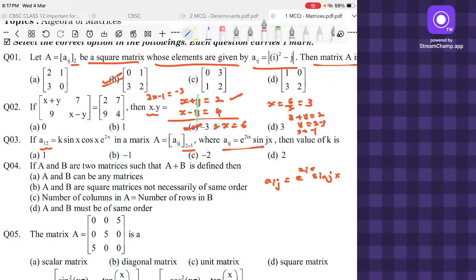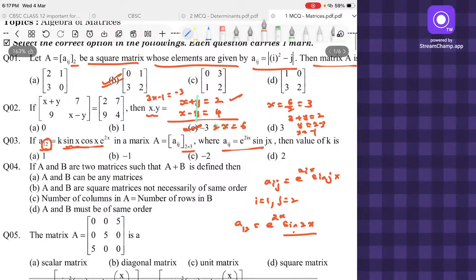Then substitute for a12, that means i is equal to 1, j is equal to 2. Substitute here, we get a12 is equal to e raised to the power of 2, i value is 1, that means 2 into 1 is 2 only, so e raised to the power of 2x sin, j value is 2, we get 2x. Just compare with this and this.